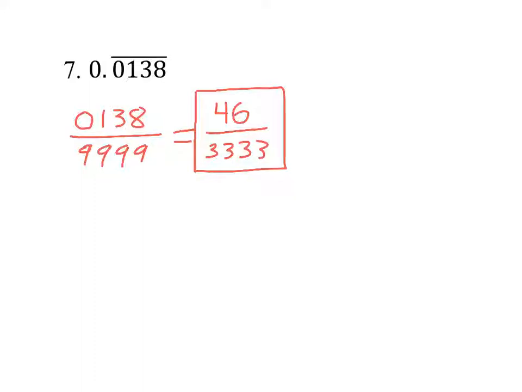Okay, let's see. 46 is 2 times 23. 2 doesn't go into 3,333. 23, I doubt it does, but let's double check. You can double check by subtracting multiples of 23.